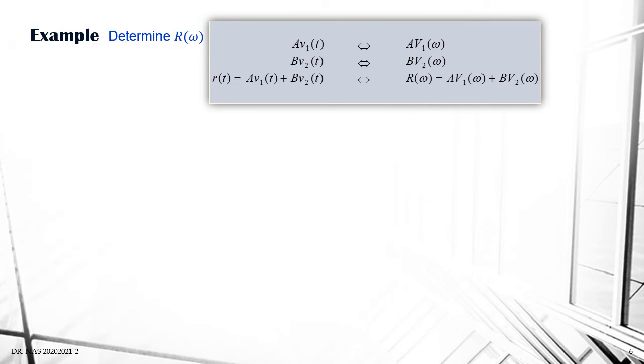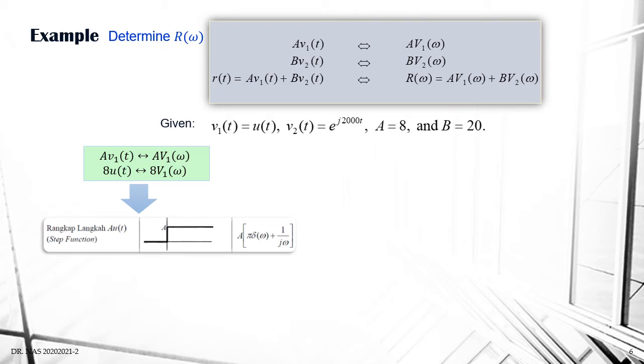Let's look at another example on linearity and superposition. Given V1(t), V2(t), and constants A and B. If you have A V1(t), it will produce A V1(ω) in the frequency domain.